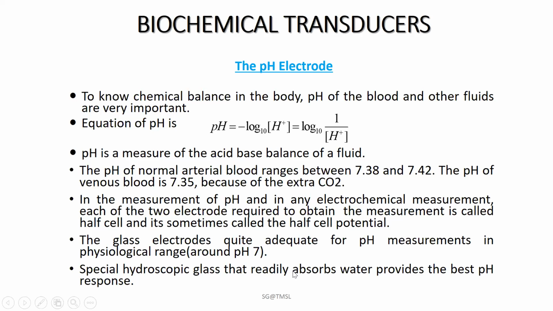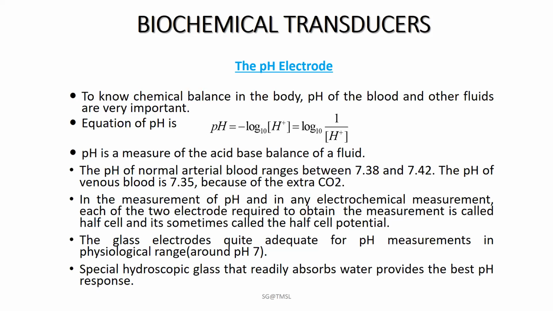Basically, pH is a measure of the acid-base balance of a fluid, and a neutral solution has a pH of 7. A lower pH number indicates acidity, whereas higher pH values define a basic solution.